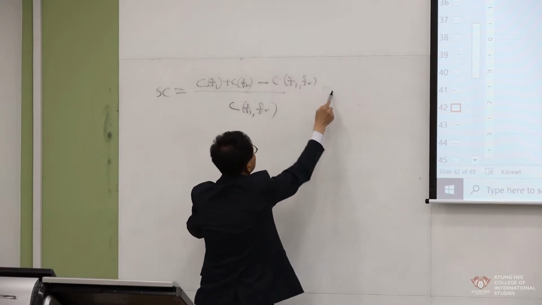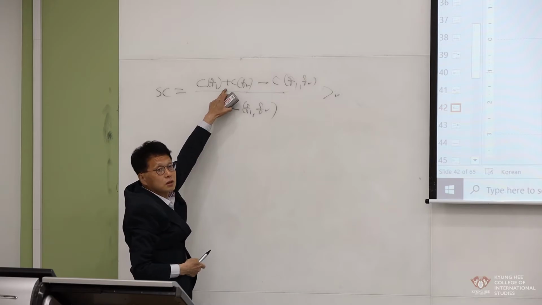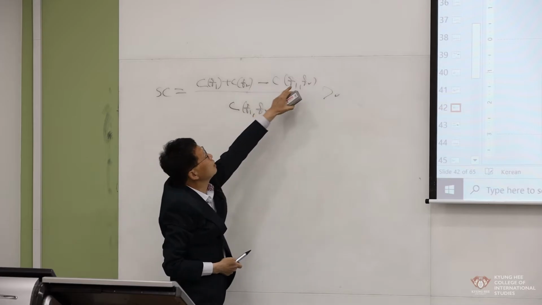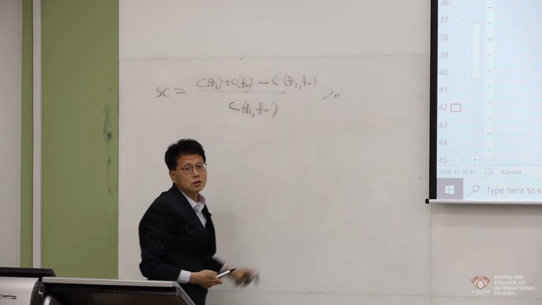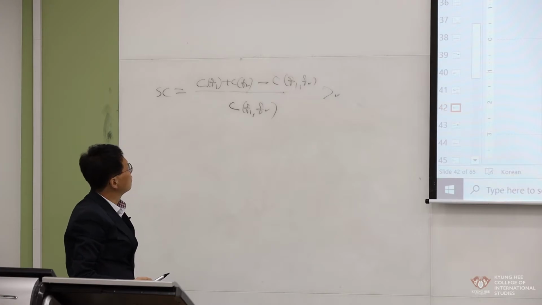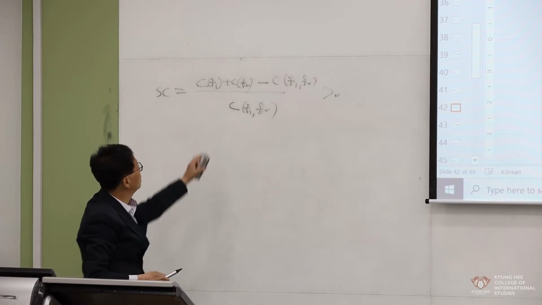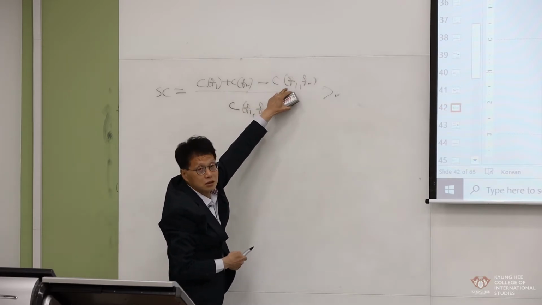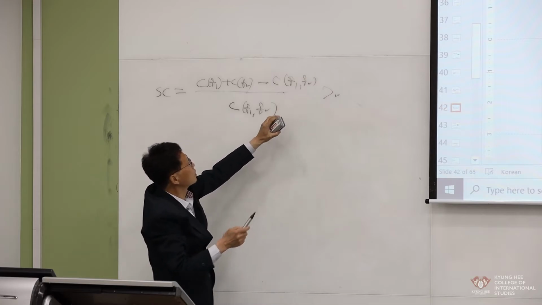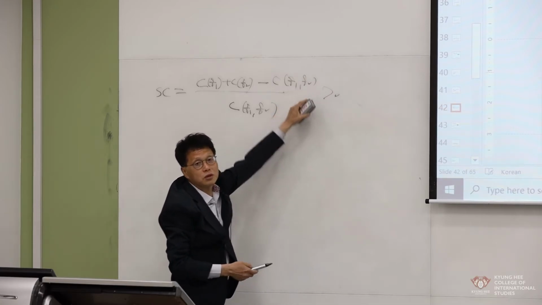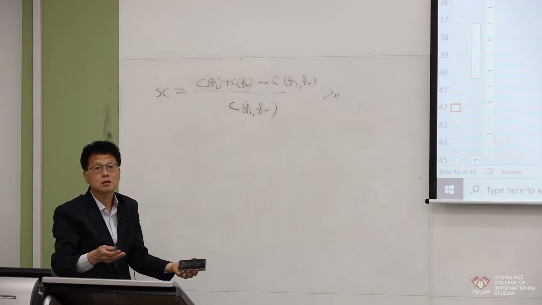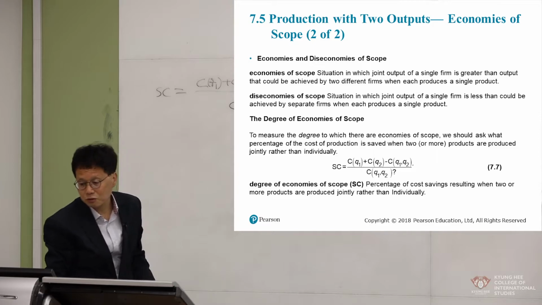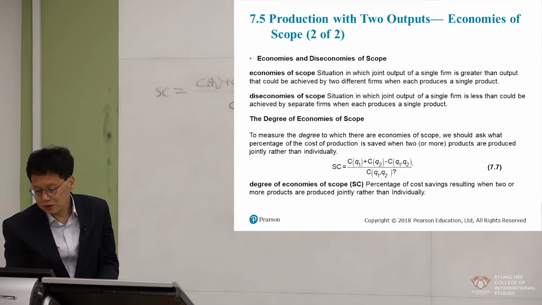If this is positive, in other words, the total cost by two firms, each producing one good, is higher than the total cost of one firm producing two goods, that is positive. This one is more costly than this. In other words, joint production by one firm is more efficient, cost-wise. So if that is positive, we say economies of scope exist.